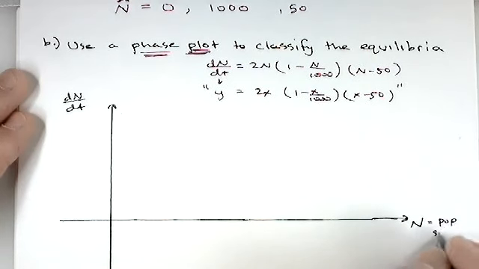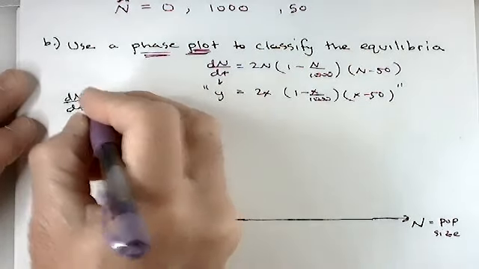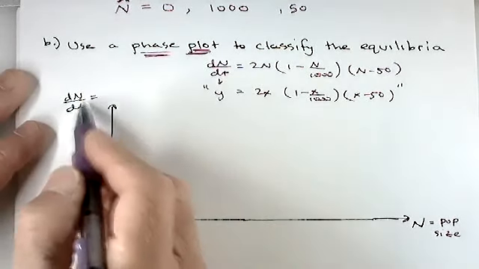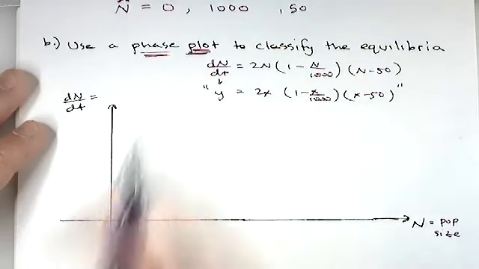That is how many squirrels I have at some moment in time. And dN/dt is not the population size, as we said, that's the growth rate.